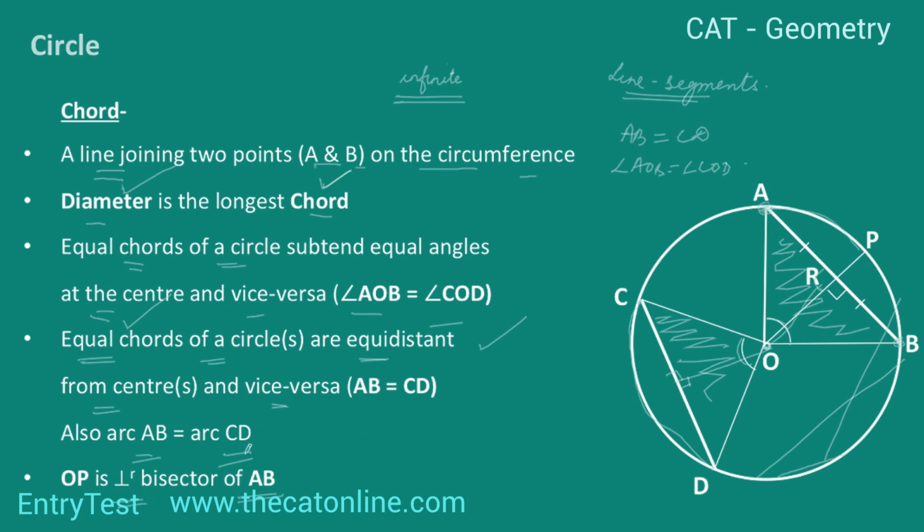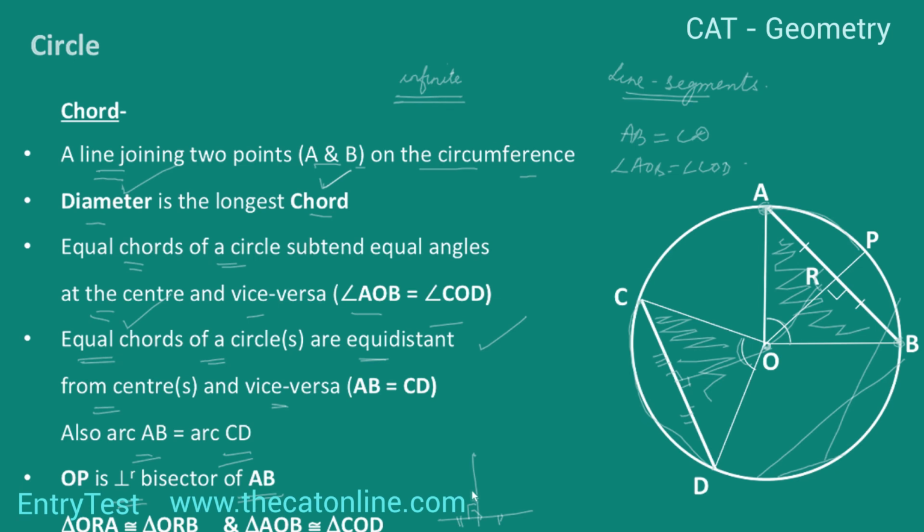So a line joining the center of the circle perpendicular to the chord bisects the chord. So a perpendicular from the center to the chord would always bisect the chord.